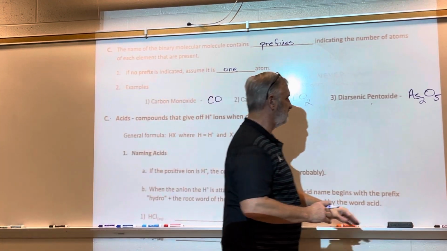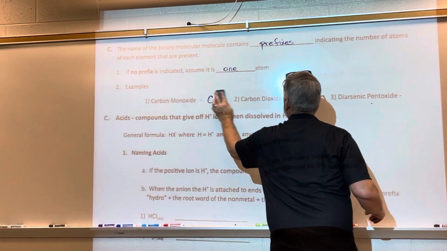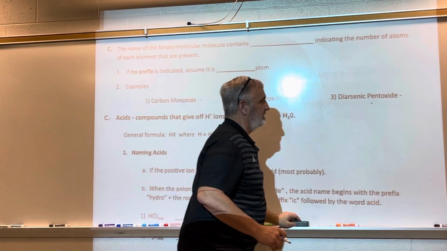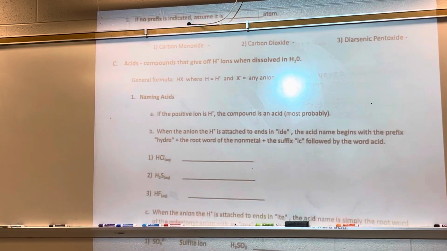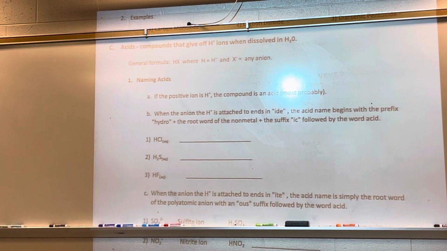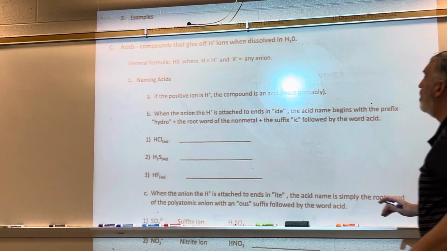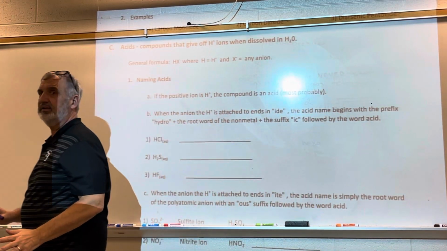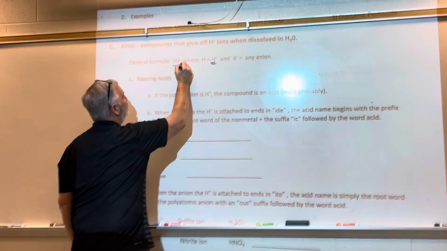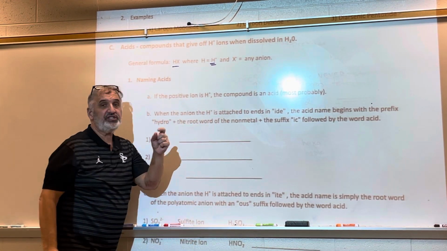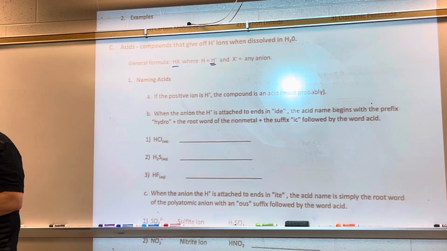All right, so now let's look at the third one. Acids. I told you at the beginning that acids all contain which ion? Hydrogen, H plus. We have the general formula HX, where H is the H plus attached to any anion.